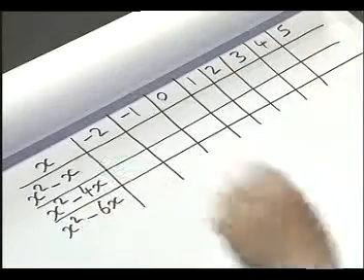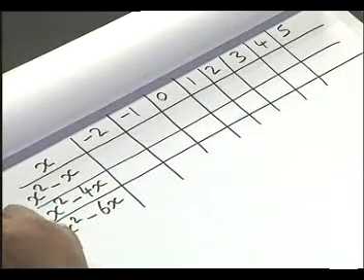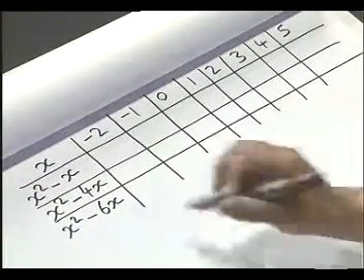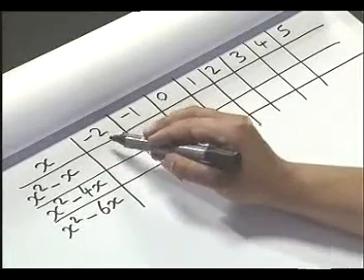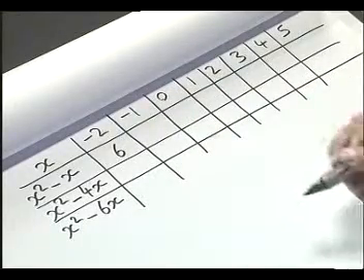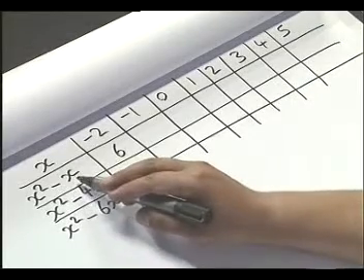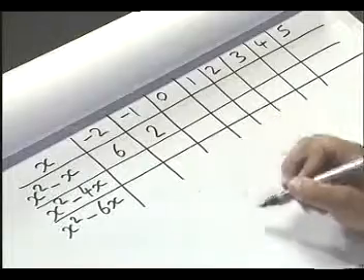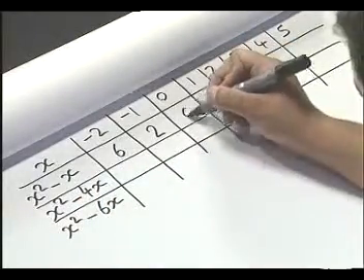Okay, so for the first one, f of x equals x squared minus x, we'll look at what happens when we substitute in x is minus 2. So minus 2 squared is 4, take away minus 2 is the same as a plus 2, which gives us 6. When x is minus 1, squared is 1, take away minus 1 is the same as a plus 1, which just gives us 2. 0 is just 0 take away 0, 0.